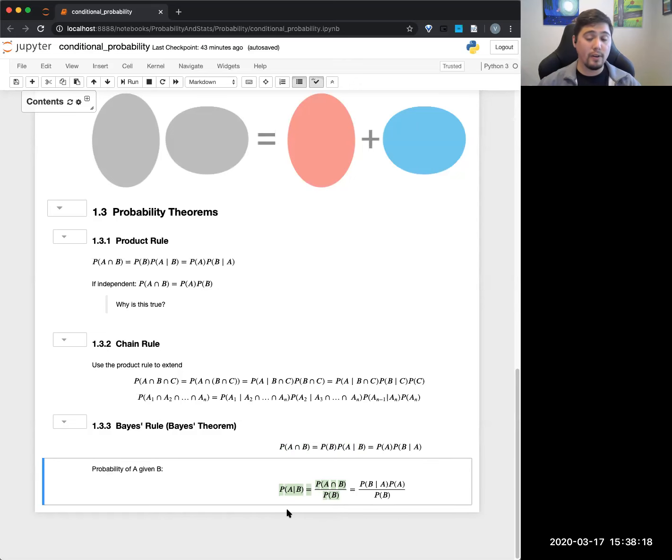Just notice it's reorganizing the product rule, which again, Bayes is like, okay, that's pretty cool. But once we go one step further and say, hey, we can use the product rule again and split this up, you can see here the probability of B such that A times P(A) divided by P(B).